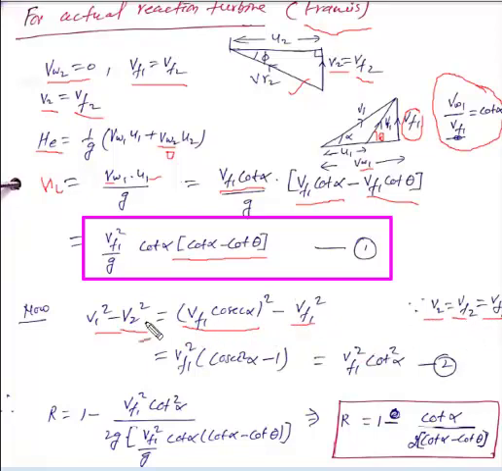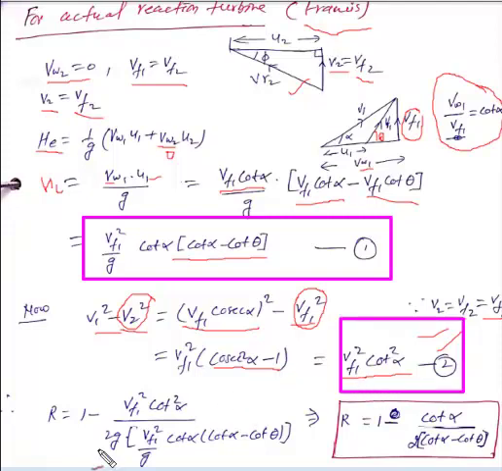So in place of V2 square we have put the value of Vf1 square from this relationship. Therefore we get V1 square minus V2 square is equal to Vf1 square in bracket (cosec square alpha minus 1), and this value we know is cot square alpha. Therefore we get Vf1 square into cot square alpha. This is equation number 2.